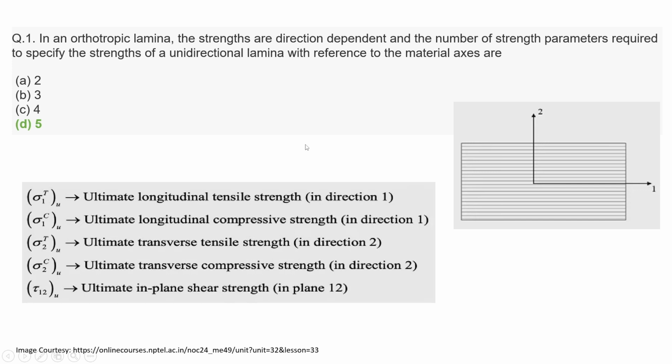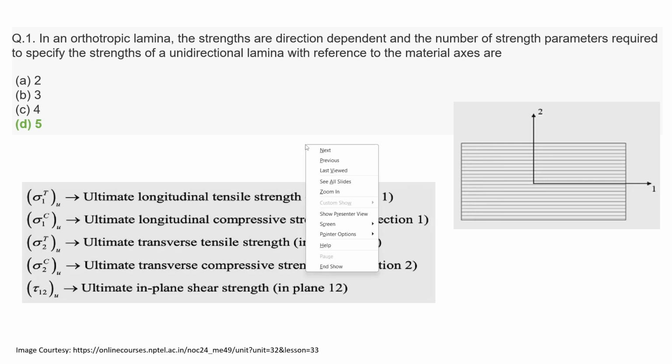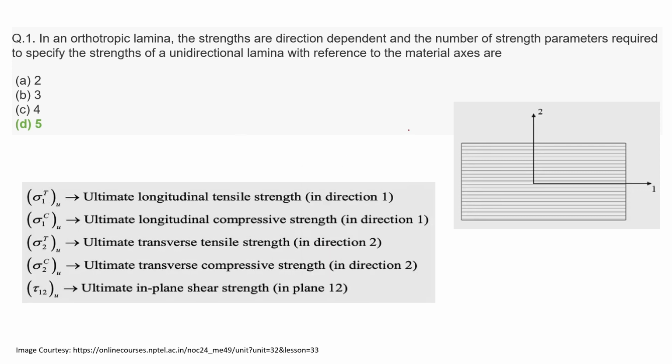So these are the 5 strength parameters that are required when we have to specify the strength of any lamina with reference to the material axis. As you already know, there are two types of axis, material axis and the principal axis. So this is with reference to the material axis. So this will be the answer.